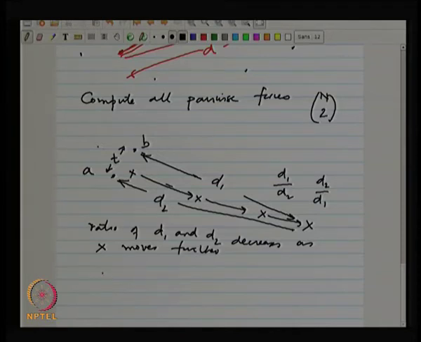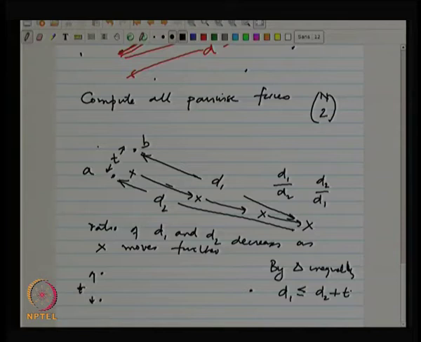So, if that is t, then at a certain distance, we can claim that by triangle inequality, let us say d1 is less than or equal to d2 plus t, right. Okay.